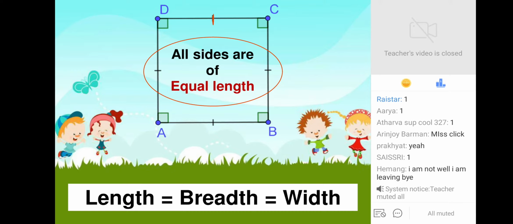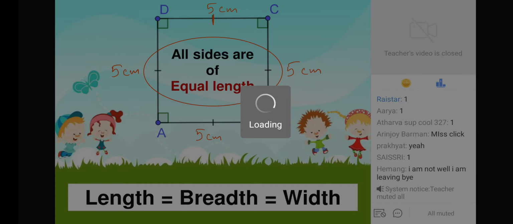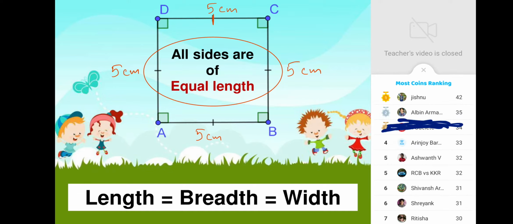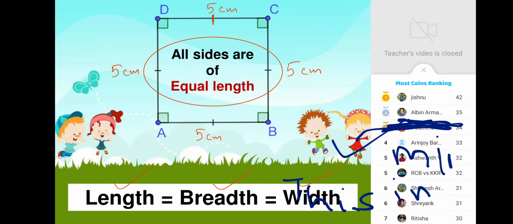For example, if this side is 5 centimeter, this side will also be 5 centimeter, this is also 5 centimeter, this is also 5 centimeter. So in a square, all the sides are of equal length. Length and breadth are equal in a square. Square में सब क्या होते हैं? Equal होते हैं. All the sides are equal in a square.